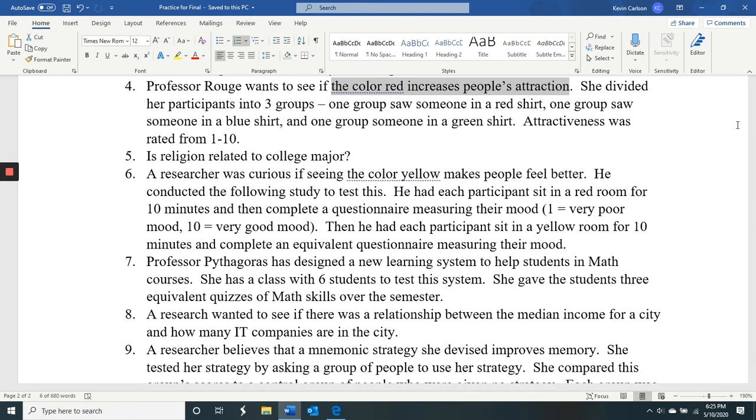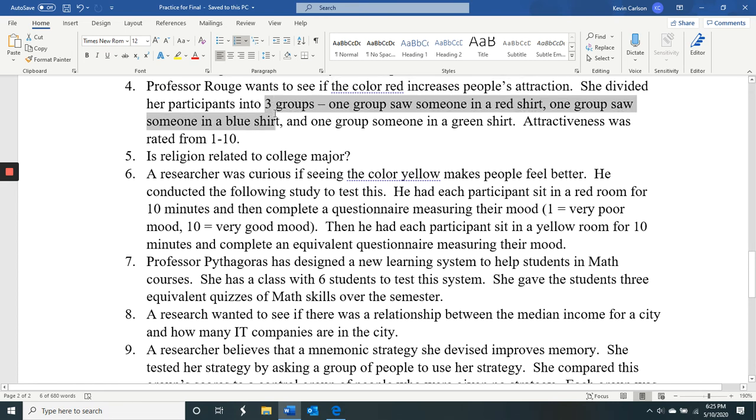And so how are these two variables measured? So it looks like we have 3 groups. So there's some sort of manipulation. So this is an IV. And it looks like one group saw somebody in red, one group saw somebody in blue, and one group saw somebody in green. So 1/3 of the people saw red, 1/3 of the people saw blue, 1/3 people saw green.